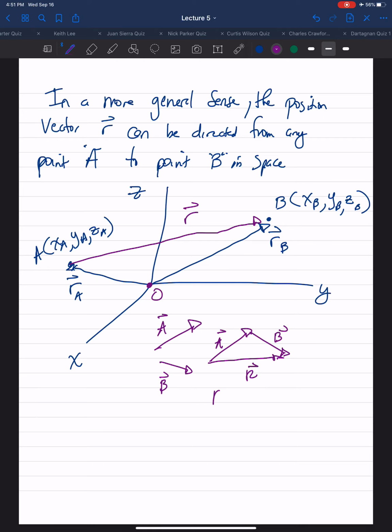If we originally said R is equal to A plus B, in this case we have R sub B is equal to RA plus R. It's the same thing, you just look at it a little differently.